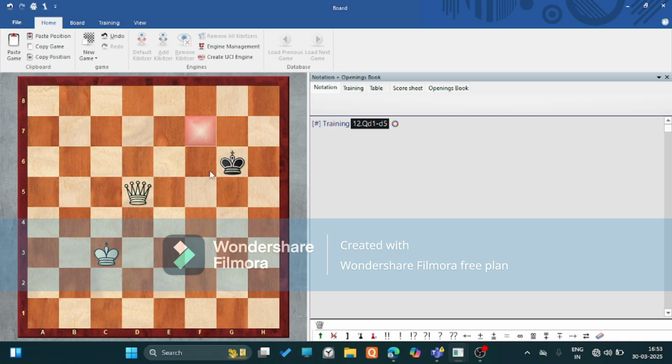That is 1, 2, 3, 4, 5, 6, 7, and 8. These are the 8 squares where the king can move, but the queen has captured these squares.